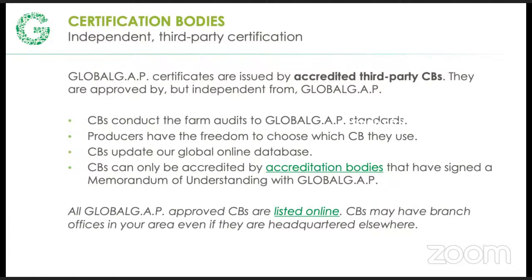So we could go and look which ones are available near to us. And basically, those are the ones you go through and work through to get your inspection done, and they're able to enter that information in the Global GAP system. And then Global GAP issues you the certificate.